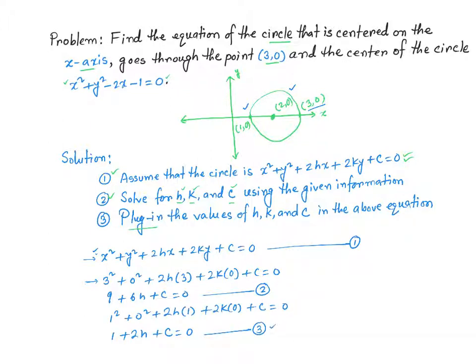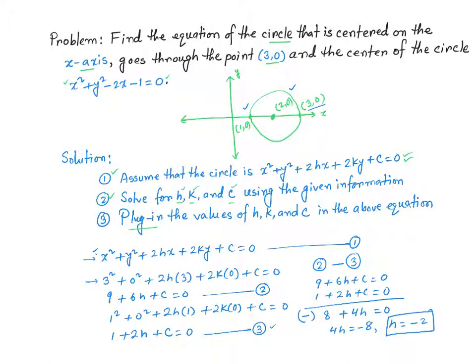Now I'm going to subtract equation 3 from equation 2. So we are going to do 2 minus 3. If we do that, we get the following. Basically, subtract equation 3 from 2: 9 minus 1 is 8, 6h minus 2h is 4h, and c is going to cancel out. c minus c is 0. And then if we solve for h, we get h is equal to negative 2.